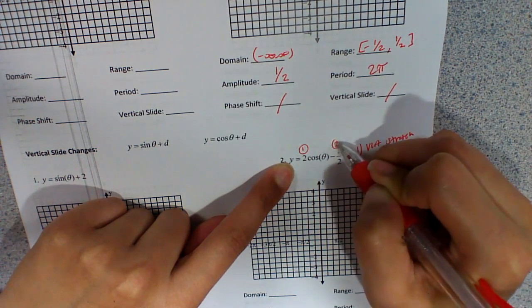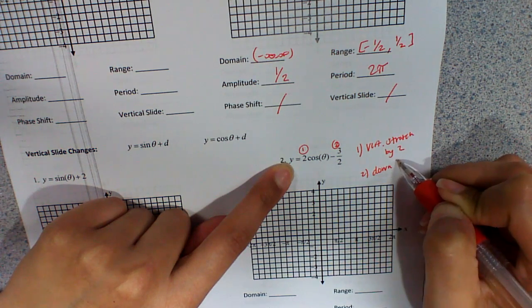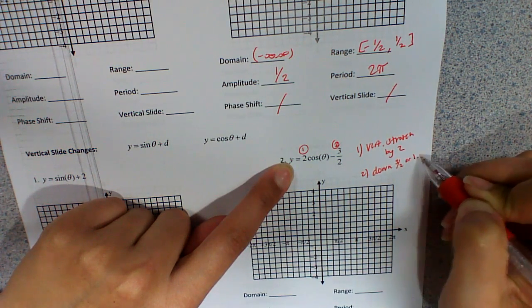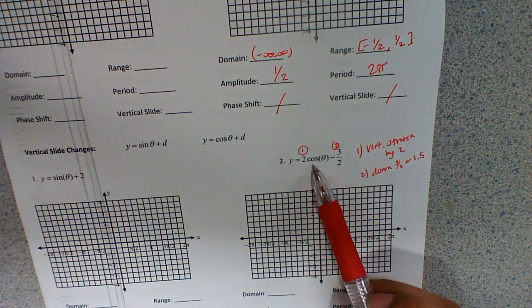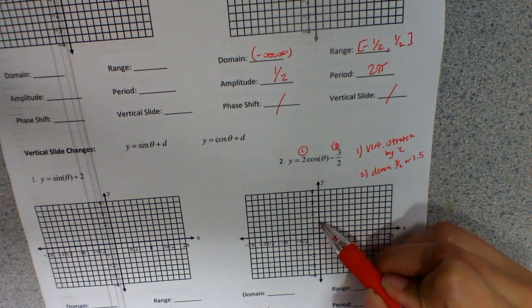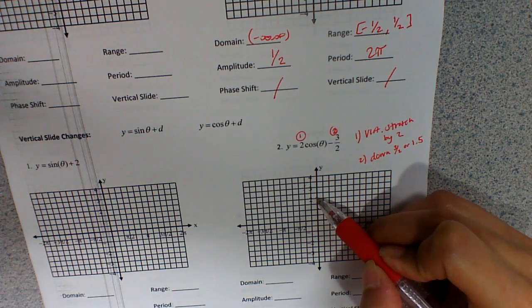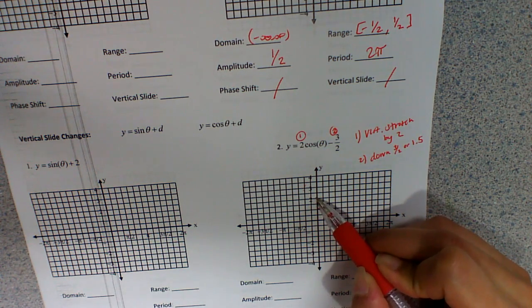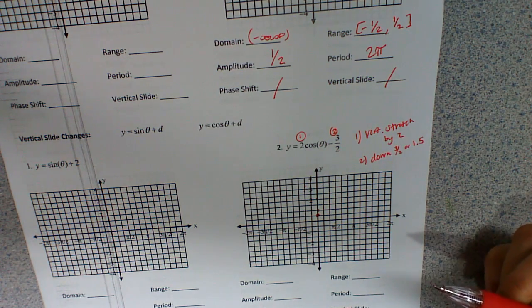And then the next thing we'll have to do is go down 1.5. So it is a cosine curve, so I know cosine starts at 0, 1. Vertical stretch by 2 will take that point to 2. And then down by 1.5, we'll take it down to 0, 0.5.